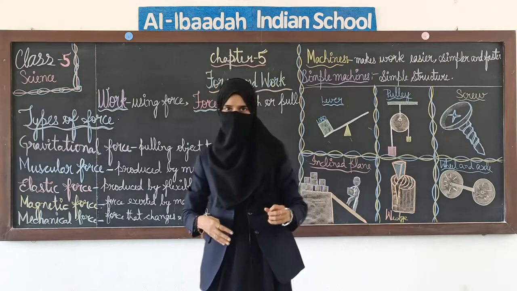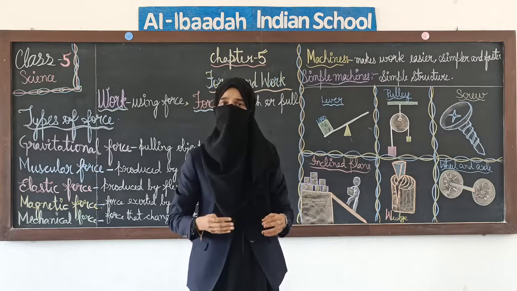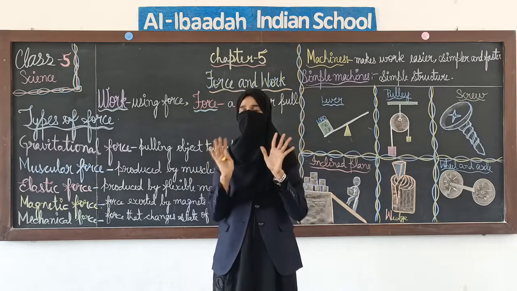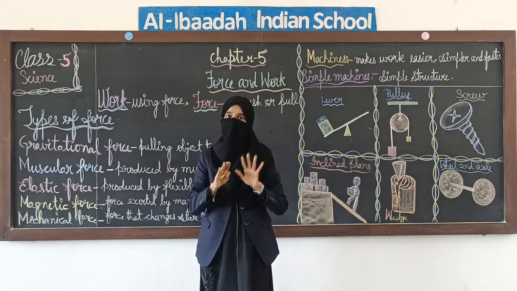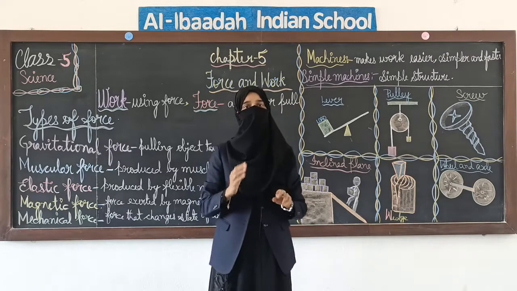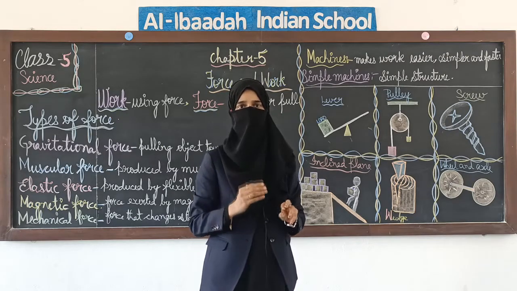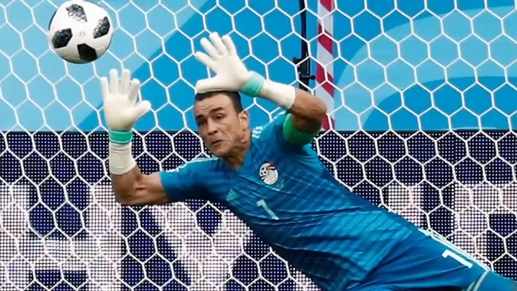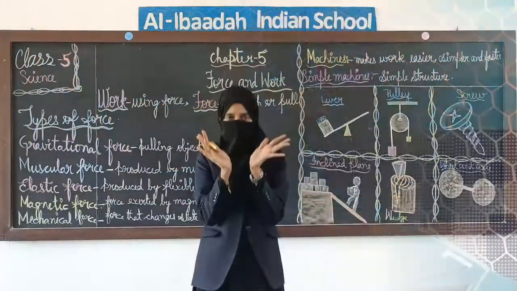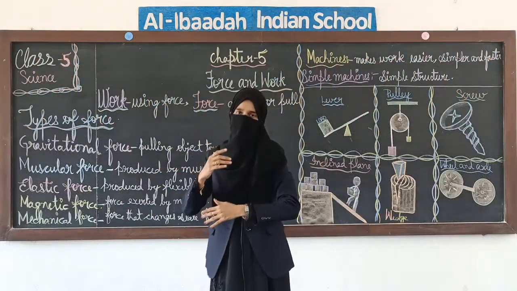And when the force is applied in the opposite direction, it makes the moving body stop or slow down. Like a goalkeeper. What does the goalkeeper do? He catches the ball. He applies force from the opposite direction.